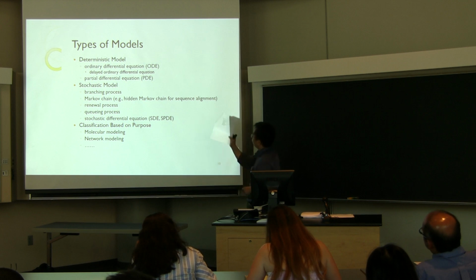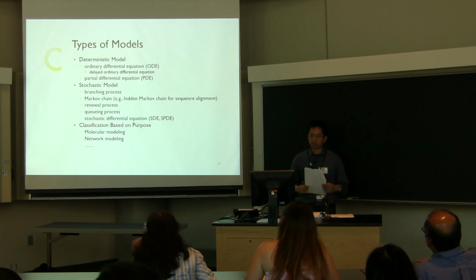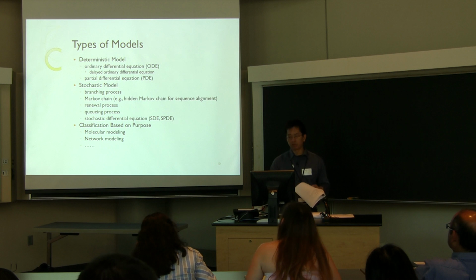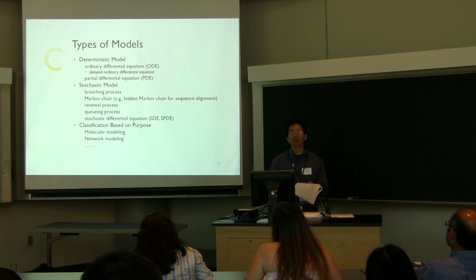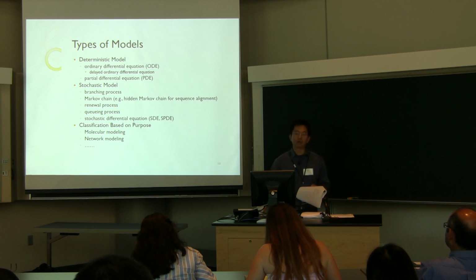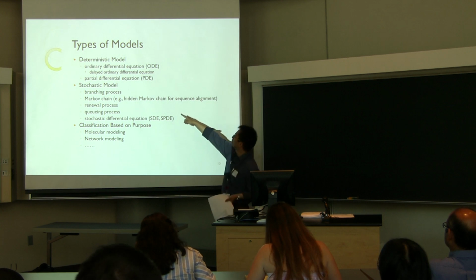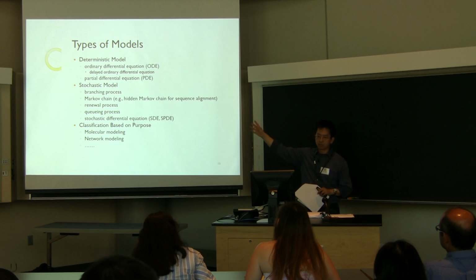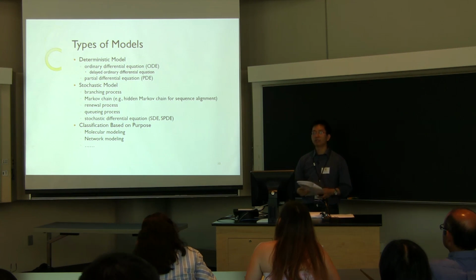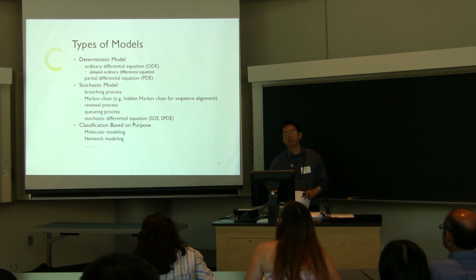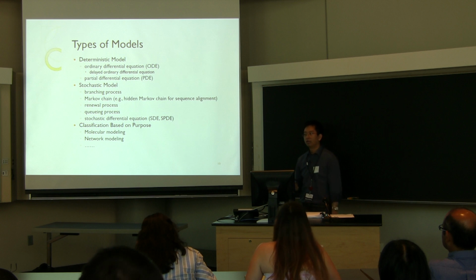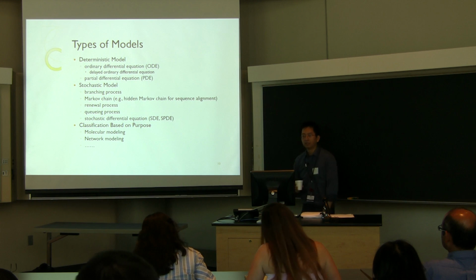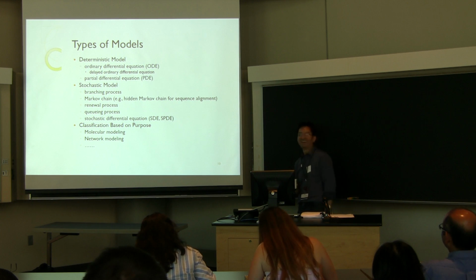Under the category of deterministic models, we have the so-called ordinary differential equation model, ODE. We also have some variations of ODE, for example the delayed ODE. We also have the PDE, partial differential equation. The difference between ODE and PDE is that PDE is more complicated. That's not a satisfying answer, right?